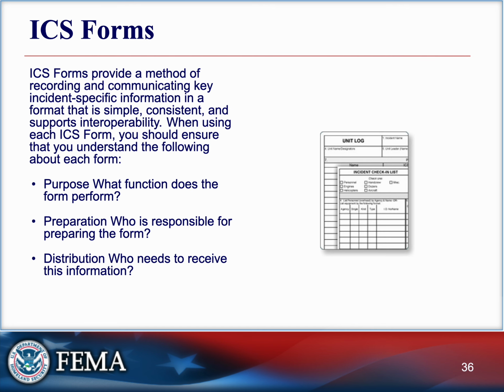ICS forms are incredibly important. They're nice and standardized, so you can practice with them a little bit so that you're ready to use them when you need them. They track objectives, assign tasks, document resources, and communicate changes, and they're nice and clear so that when briefings and analyses happen after the incident is complete, you can get a good picture of what happened when and why.